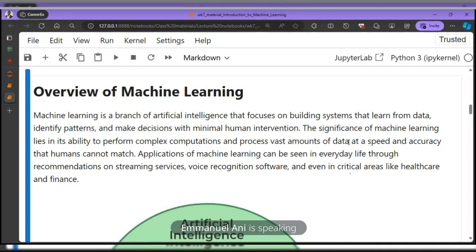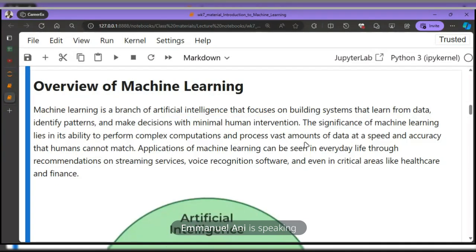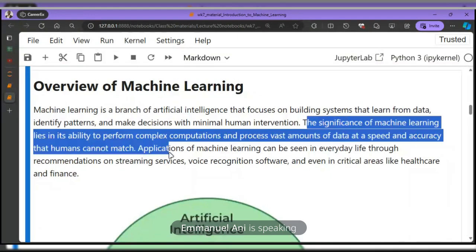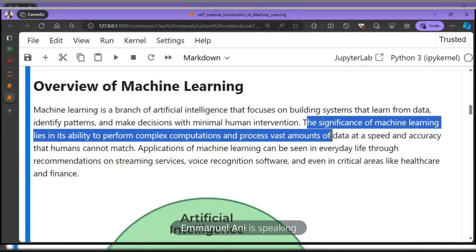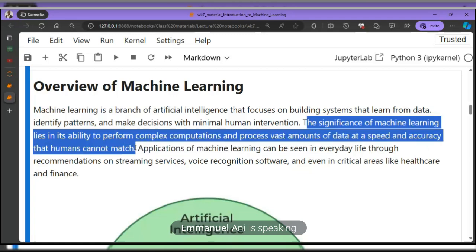So that's it for machine learning. Let's quickly move ahead. The significance of machine learning lies in the ability to perform complex computation and process vast amounts of data at a speed and accuracy that humans can't match. The reason we have machine learning now is because the amount of data has skyrocketed. The amount of data on the internet is humongous, so we're able to train these machines with a lot of data.